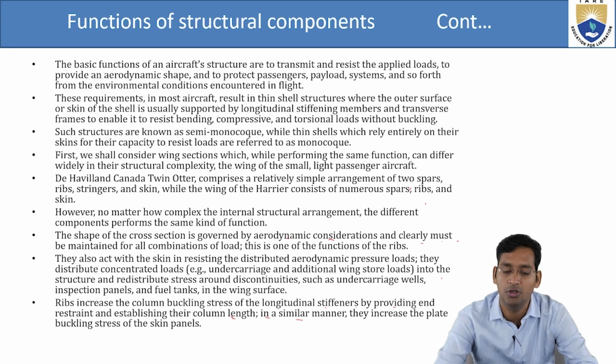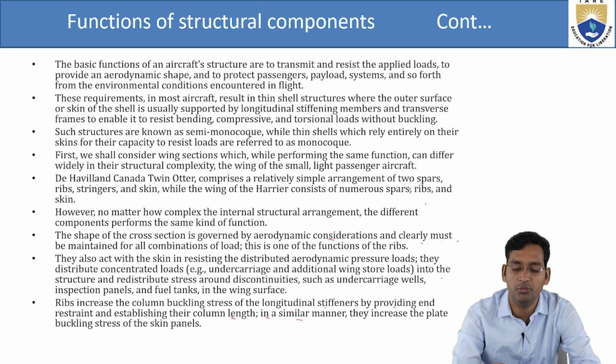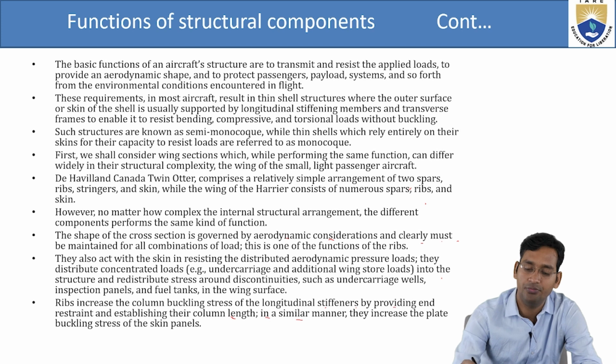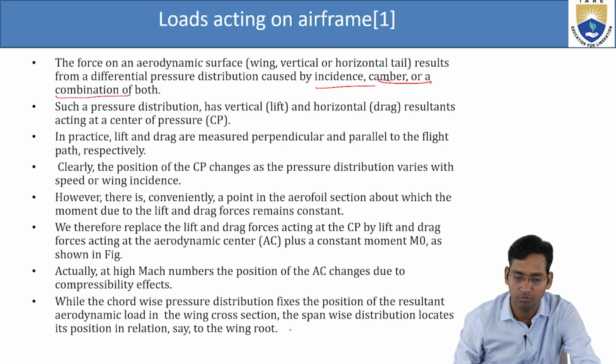These requirements in most aircraft result in thin shell structures where the outer surface, or skin, of the shell is usually supported by longitudinal stiffening members and transverse frames to enable it to resist the loads.